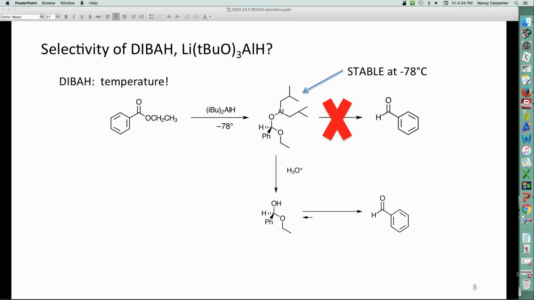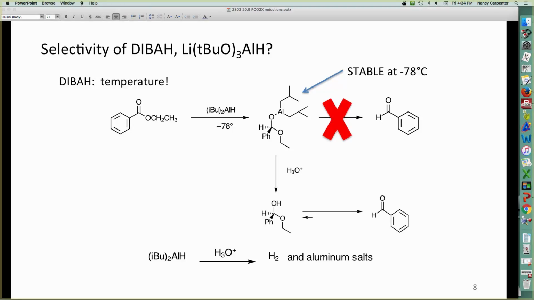Well, you get the aldehyde by adding water and acid, an acidic aqueous workup, to the reaction mixture while it's still cold. All right, so the point is, while it's still cold, you're adding this stuff, and the water and acid is reacting with your hydride right here and quenching it. So I have no more hydride left.